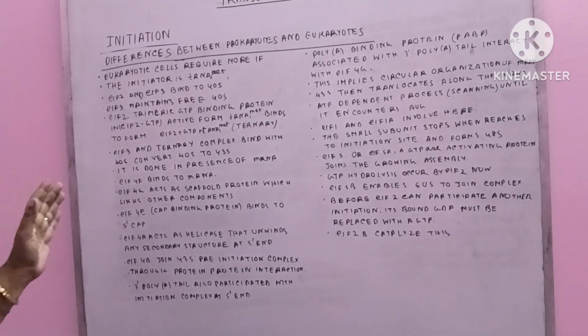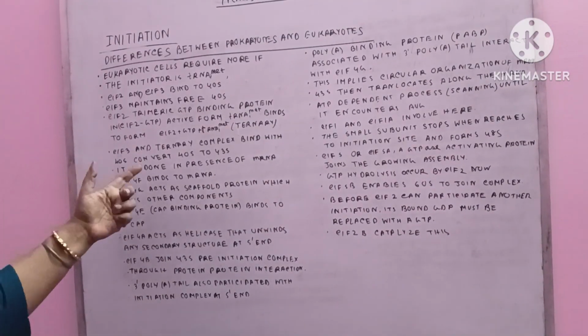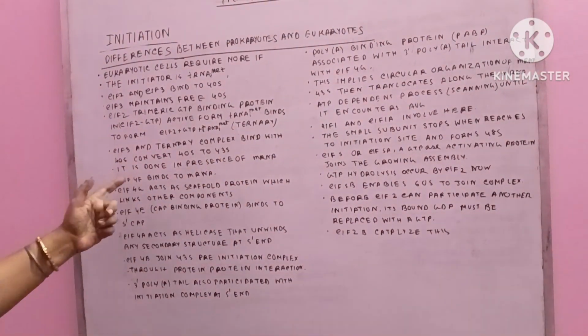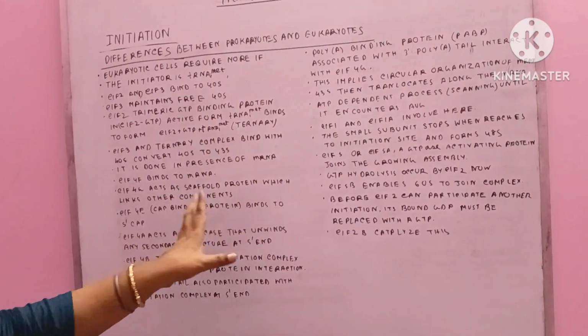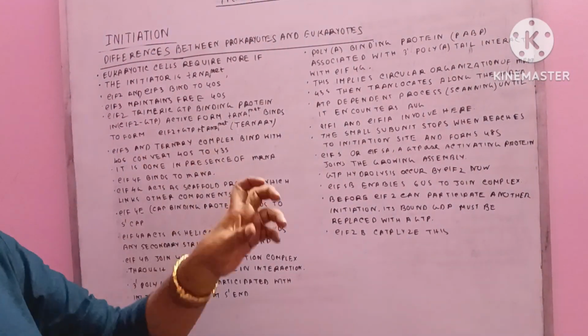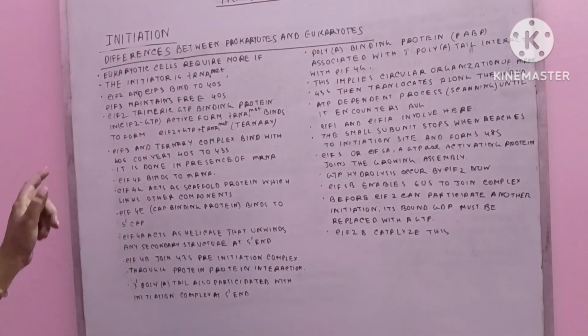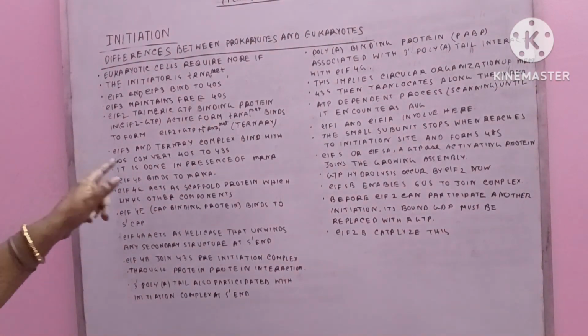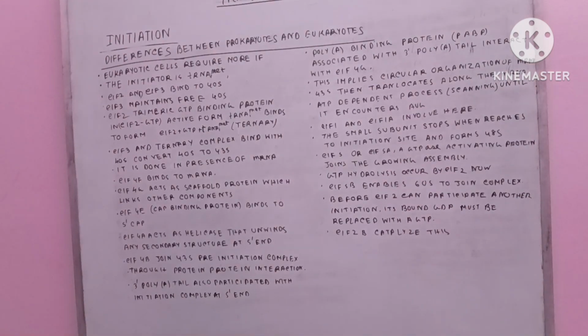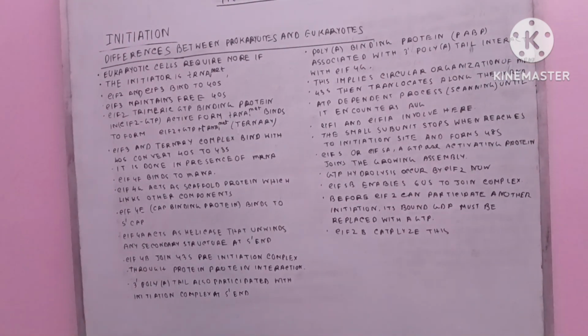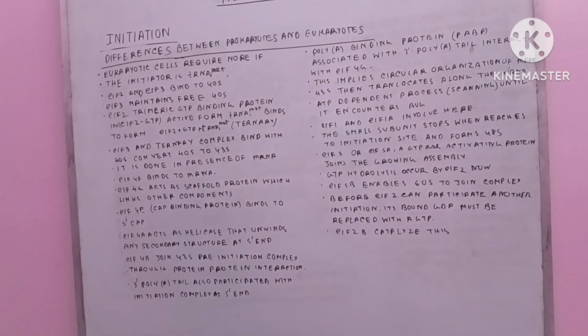The next step is done in the presence of mRNA. Obviously, mRNA is present when the 40S is converted to the 43S. Next is EIF4F. Here, E is for eukaryotic, and IF means initiation factor.